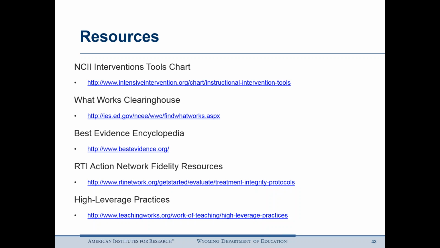The What Works Clearinghouse, which was recently redesigned, provides practitioners a very broad look at all of the different domains assessed in education. Best Evidence Encyclopedia and RTI Action Network provide additional tools that may be helpful for implementing Tier 2 interventions.